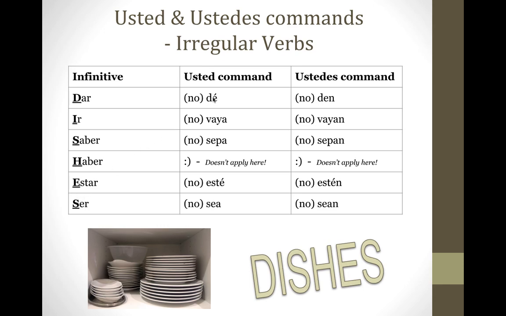Give or don't give. De, no de. Go, don't go. Vaya, no vaya. Know, don't know. Sepa, no sepa. Again, haber does not apply here. Be, esté, no esté. And be, don't be, sea, no sea.